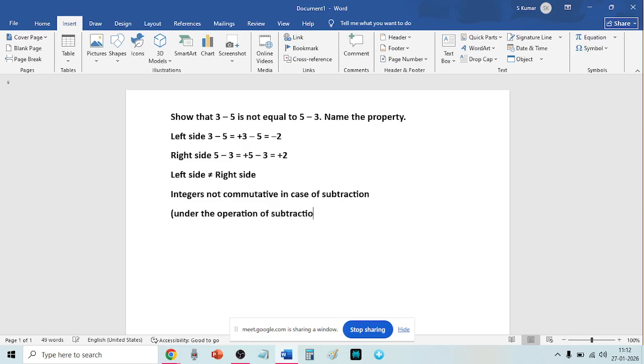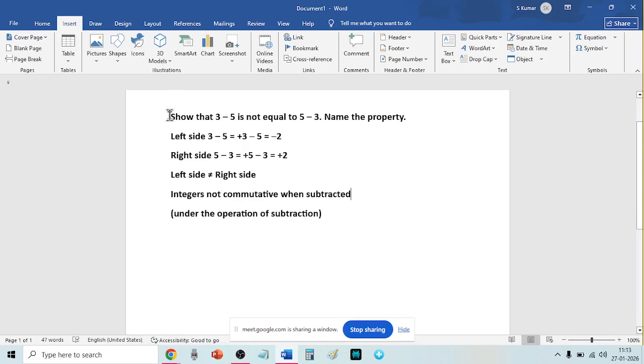In short you write for subtraction, in case of subtraction, or when subtracted. The full form, mathematically precise, is under the operation of subtraction.